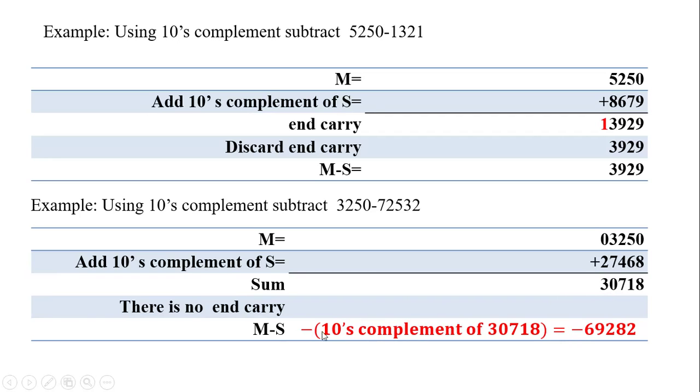So minus the tens complement of this sum, 30718, and the tens complement of this number is 69282. Take the nines complement of this by subtracting each digit from 9 and add 1 to the nines complement. So you will get the tens complement subtraction.